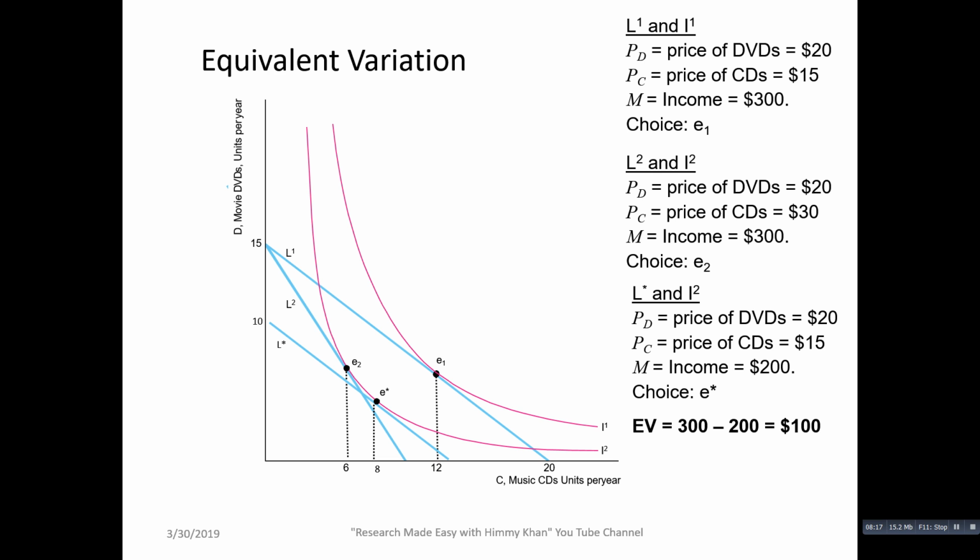Money income is now equal to $200. So it is as if his income has decreased by $100. His previous income was $300, but the new income shown by the L star budget is 200, and the difference between the two is equal to $100. So this is called equivalent variation.